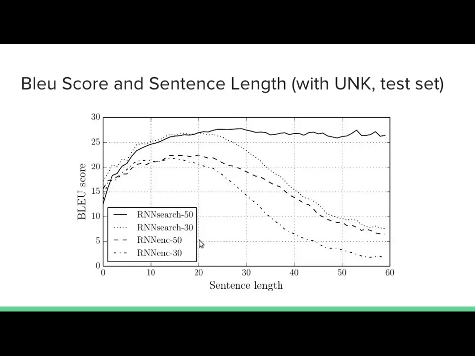And with the RNN search 30 here, sorry, basically that's their results here, and they show that they keep a good score with longer sentences. So they beat the fact that there were time problems in recurrent neural networks.